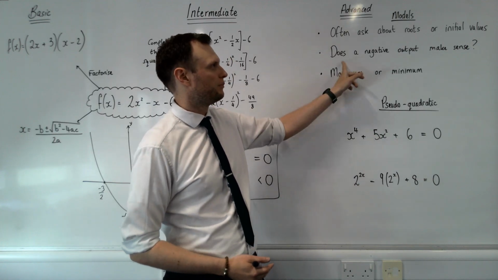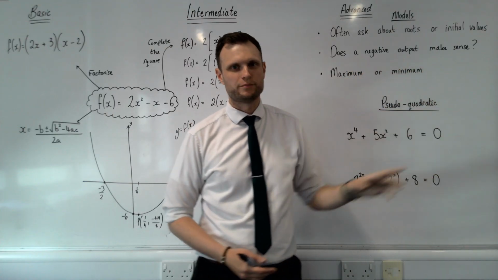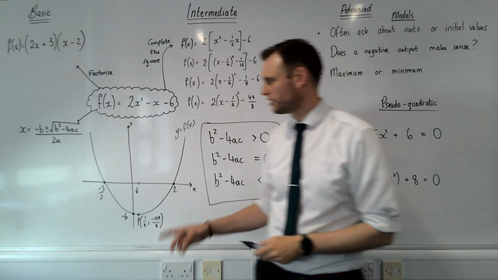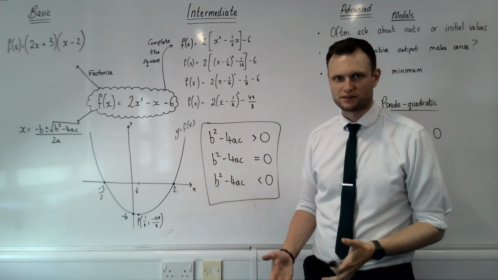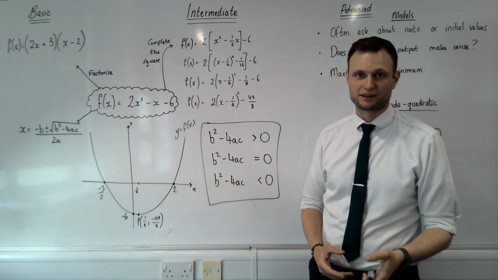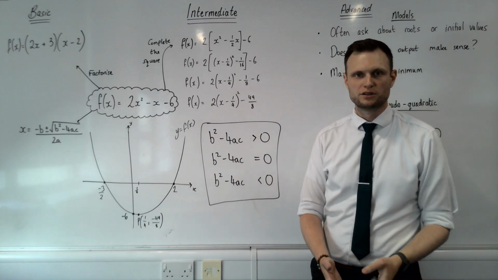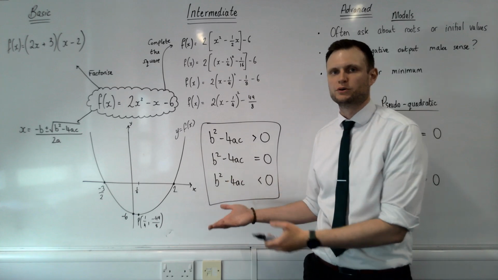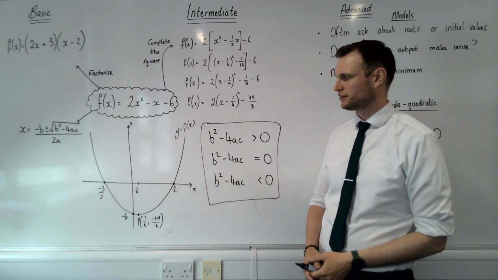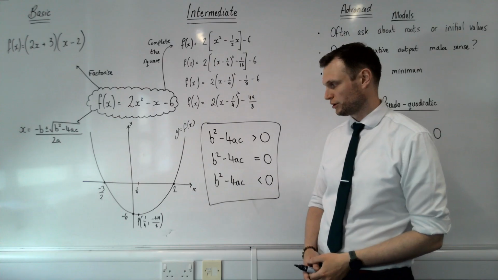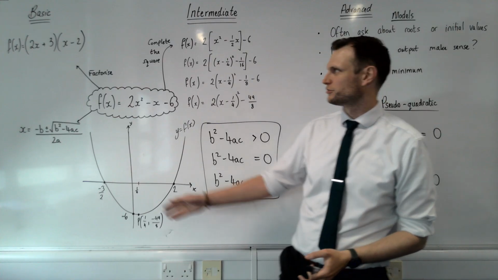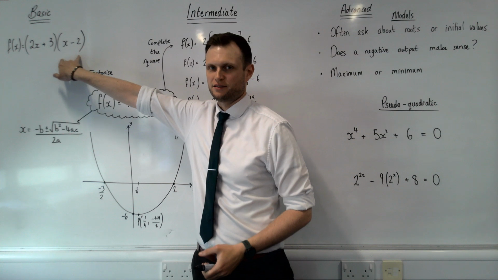And a lot of the time that comes down to when it becomes negative. So a lot of the time negative values just don't make sense in these scenarios. If it doesn't make sense in that scenario, then it means you can't input that value of x such that it would give a negative value as an answer. So all you've got to do is the same as before, find where it crosses the axis.